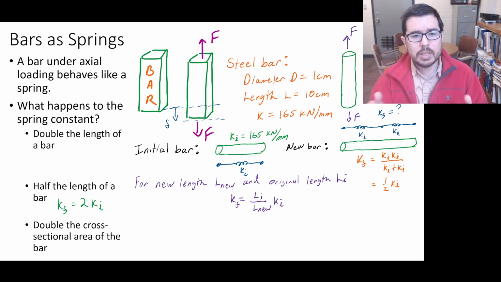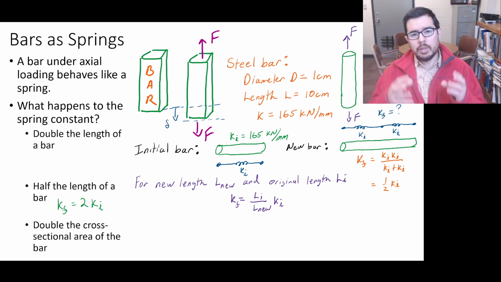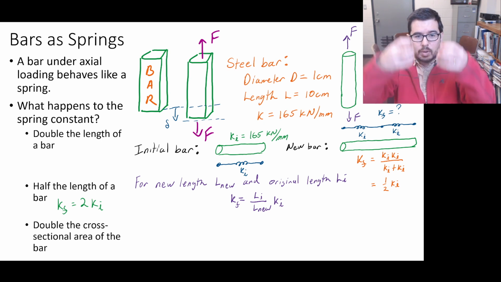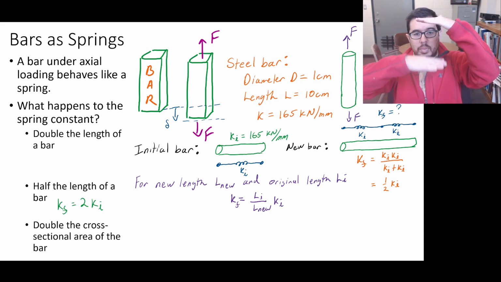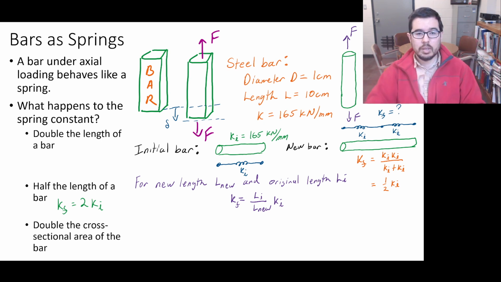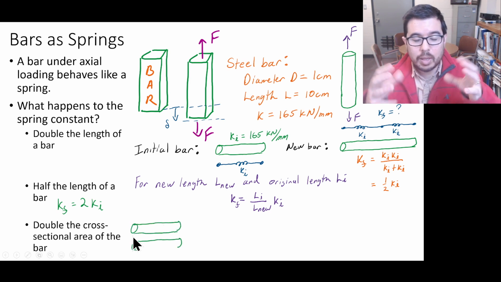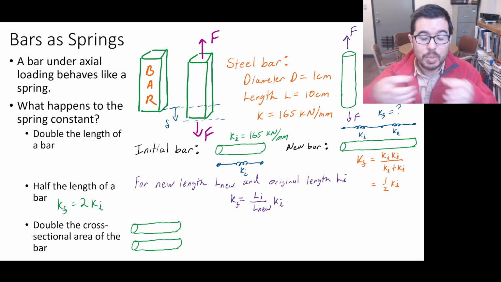Now, what happens if we double the cross-sectional area of the bar? Well, doubling the cross-sectional area is kind of like putting two of the bars right next to each other and putting mass on both of those two bars. And that's essentially, increasing the cross-sectional area is essentially putting more of these things in parallel with each other.